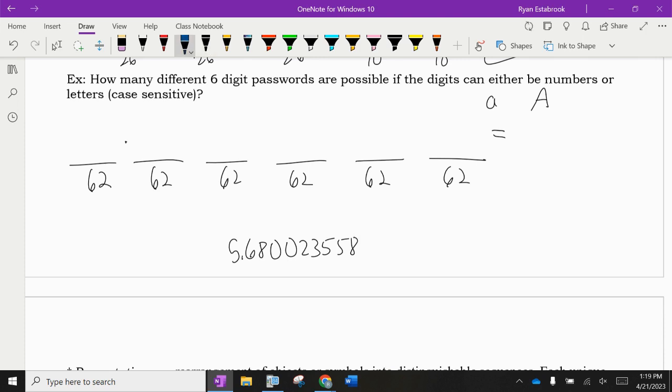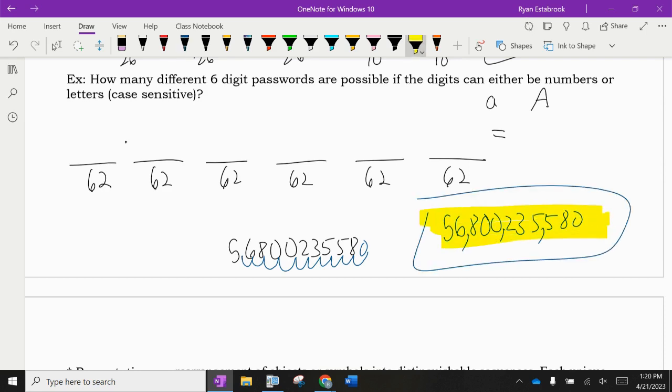So what that means is times 10 to the 10th. So 1, 2, 3, 4, 5, 6, 7, 8, 9, 10, 5, 6, 8, 0, 0, 2, 3, 5, 5, 8, 0, comma, comma, comma.